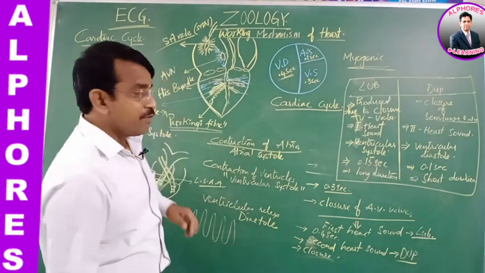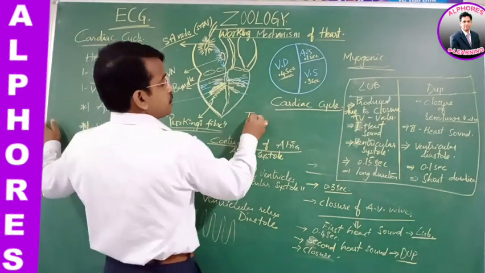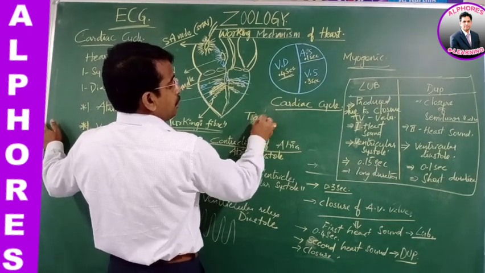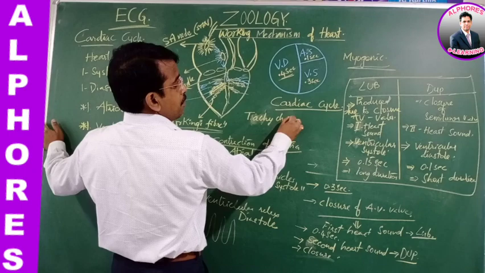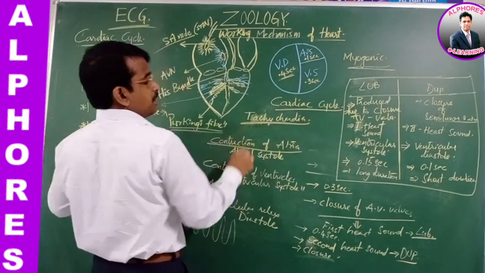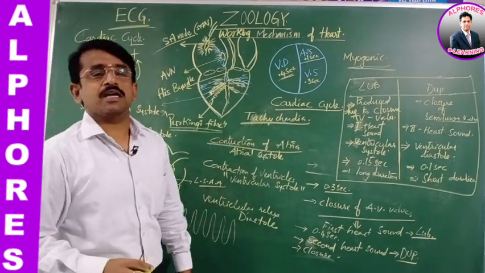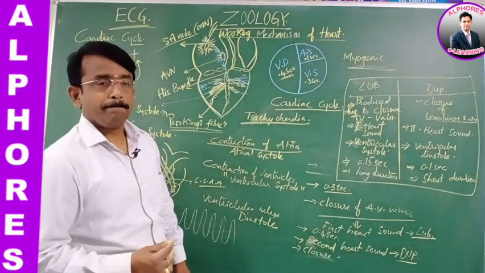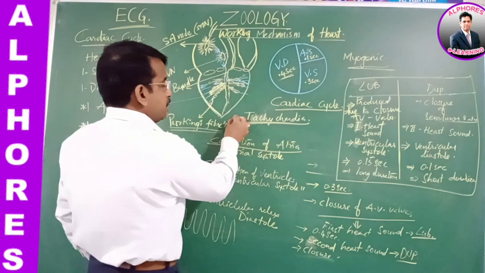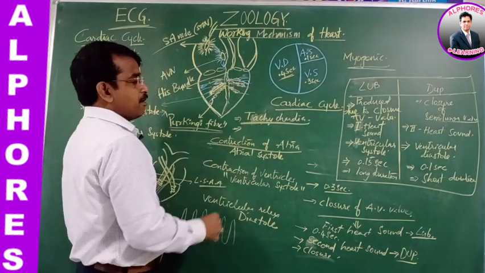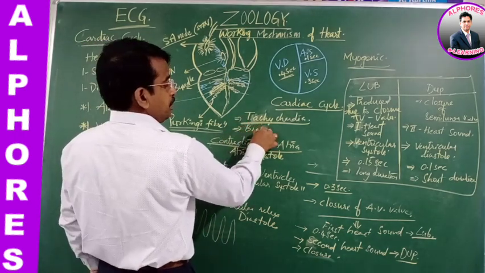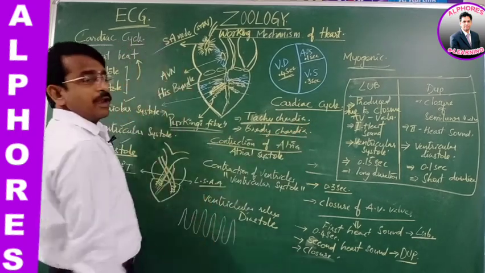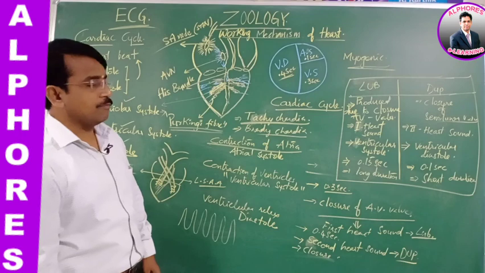But if the number of heartbeats is increased, it is said to be tachycardia, in the sense an abnormal increase in the number of heartbeats. And the other one is bradycardia, a decrease in the number of heartbeats. That's what we do discuss.